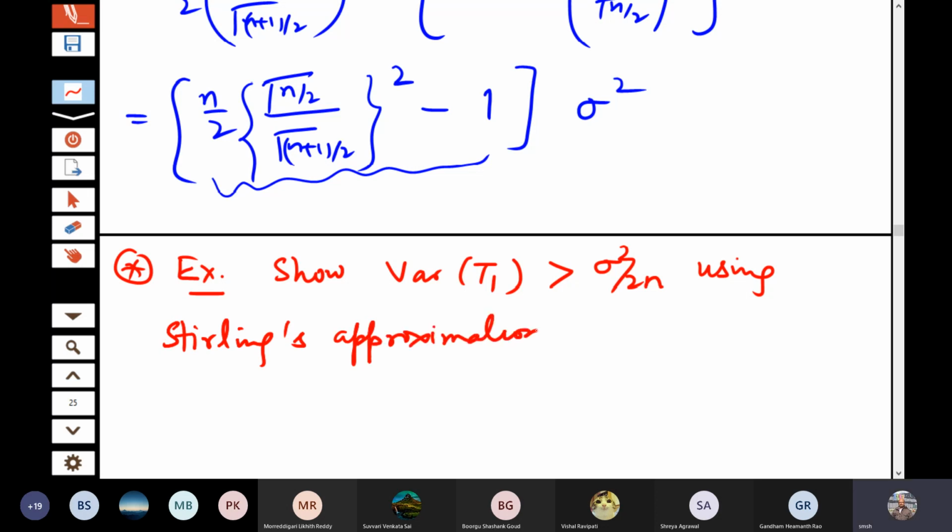You can use Stirling's approximation, and second, write a code to evaluate numerically.